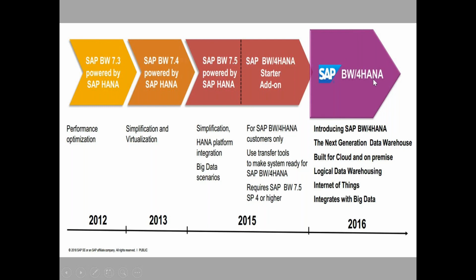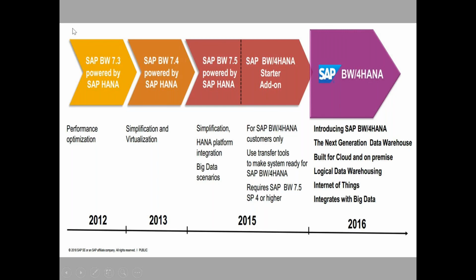Once we migrate from BW 7.x to BW4HANA, finally you will have only 4 info providers. But migrating from 7.3 to BW4HANA is not at all possible. Even if you are on 7.3 or 7.4, first we need to upgrade to 7.5, and only from 7.5 are you allowed to migrate to BW4HANA.